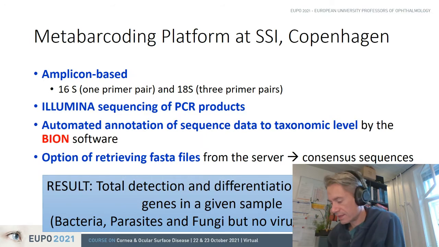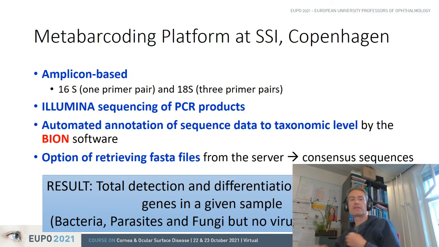Here at the SSI, we have a metabarcoding platform in place, which is also referred to as the microbiome platform. It's amplicon-based, was developed in our lab, and relies on the use of 1 primer pair for 16S and 3 primer pairs for 18S ribosomal genes.